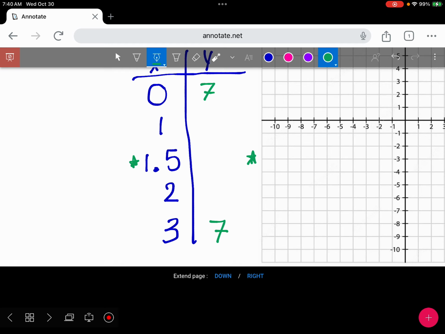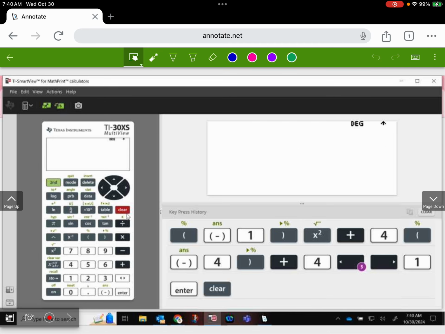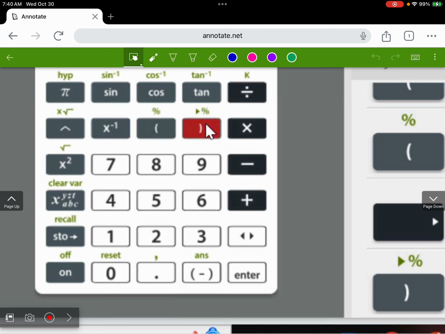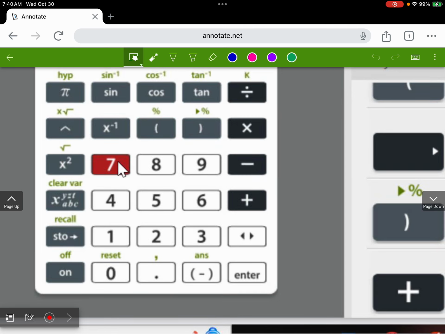So we only really have 2 more pieces to substitute into the equation. We're going to do our 1 and our 1.5, or you could do 2. Doesn't matter. I'll do it in the calculator just so we can see it. So we have our negative 1 squared plus 3 times 1 plus 7.